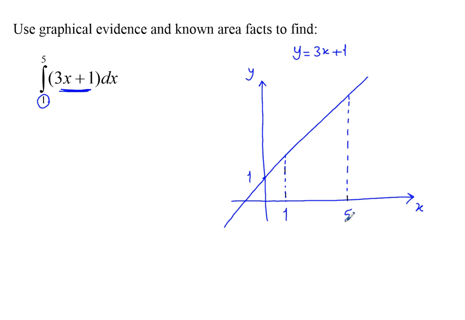Evaluating the definite integral is basically finding the area between the curve, or this straight line here, and the x-axis from 1 to 5. So our aim now is to work out the area of this shape here.